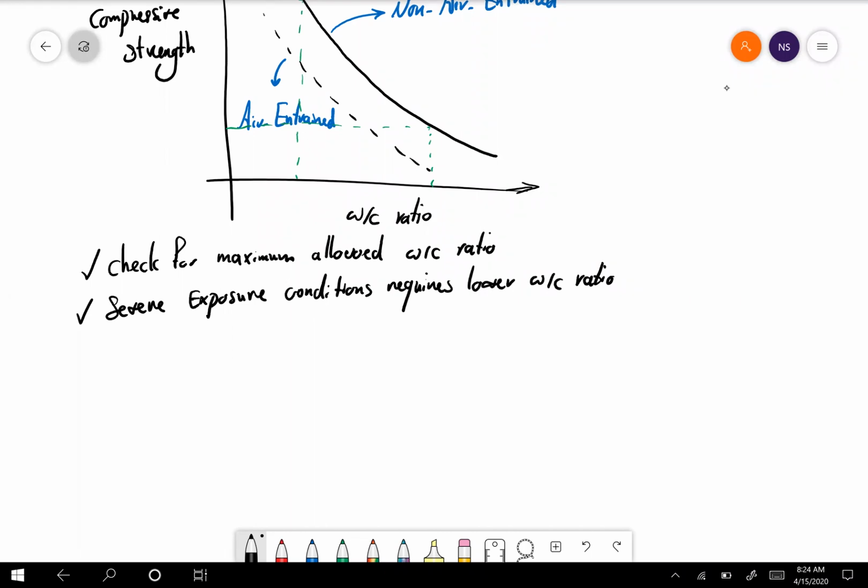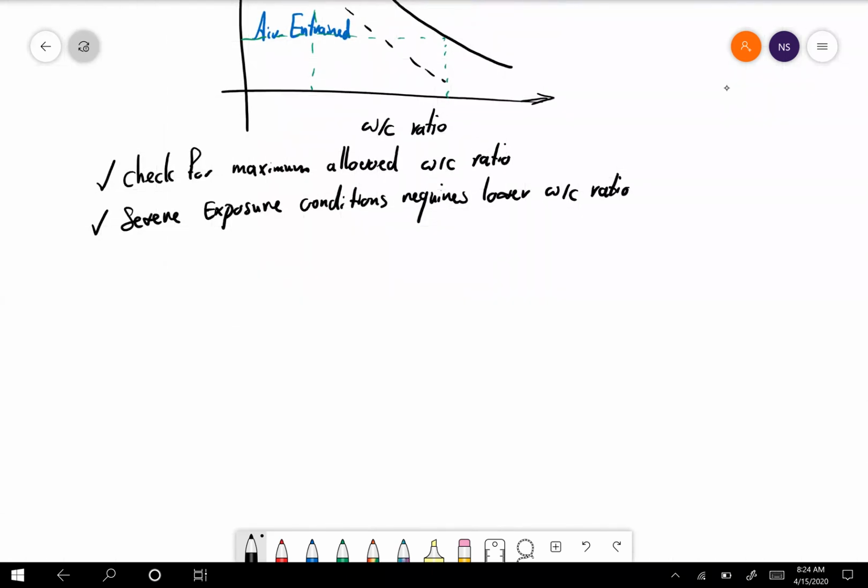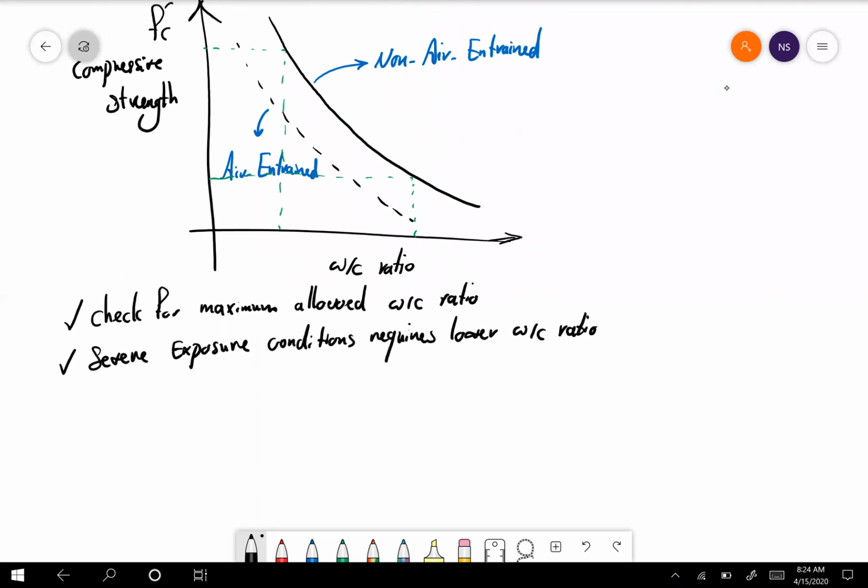And from the graph, we always want higher compressive strength, right?